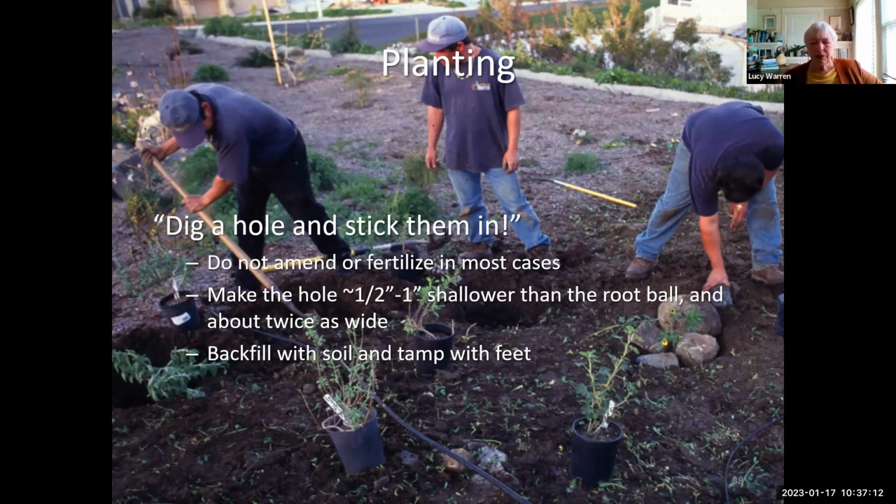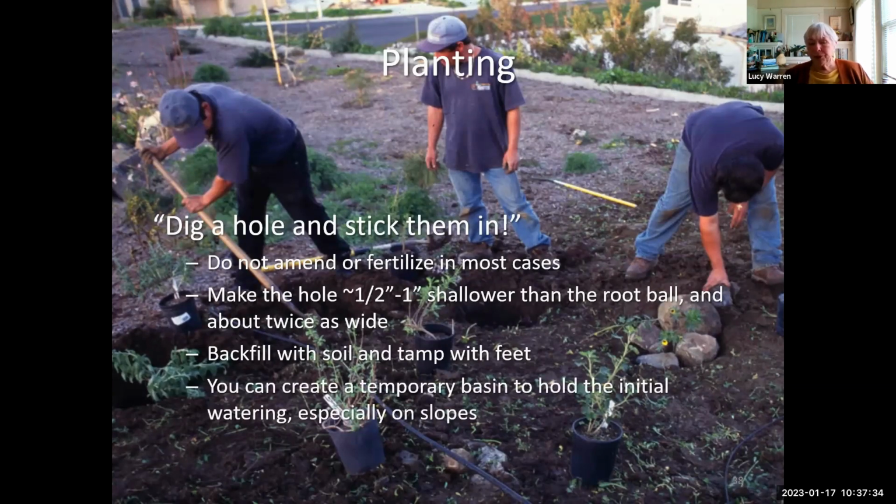And you want then to tamp around with your feet. Greg calls it the plant dance. You put your toes near the center of the plant, and you walk around it with your toes to kind of tamp it down.